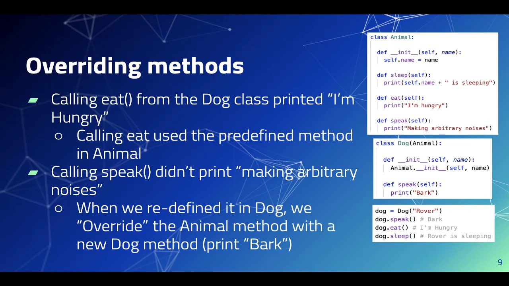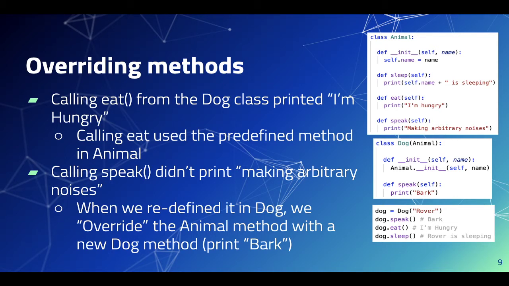Well, in Python, there's an order of lookups, and we'll talk about that in a future slide, but all you have to know right now is that this is overriding the function. So if you call dog.speak, since the speak function is clearly within the dog class, we go to that first. So calling eat, we don't have a function called eat in the dog class, so Python looks at the animal class, and we do have a function called eat in the animal class, so it prints out I'm hungry.